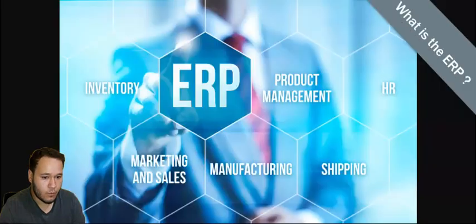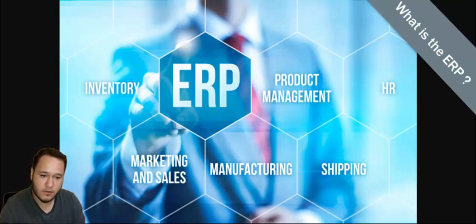So what's an ERP? ERP is short for Enterprise Resource Planning software. Enterprise Resource Planning is business process management software that allows an organization to use a system of integrated applications to manage the business and automate many back office functions related to technology, services, and human resources.